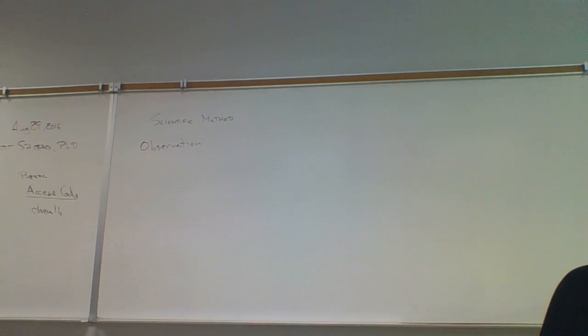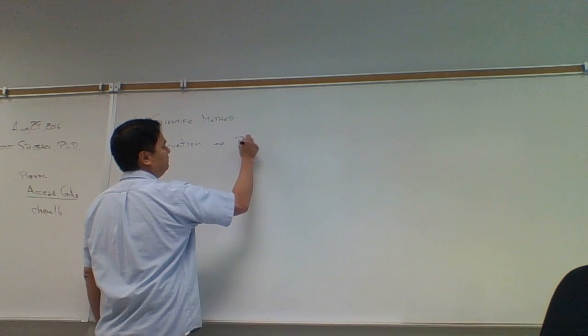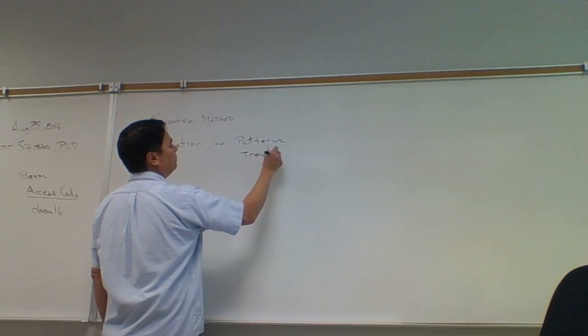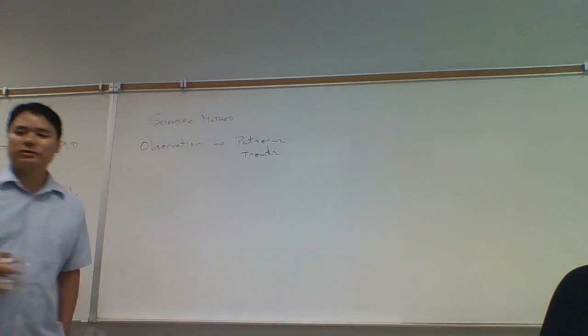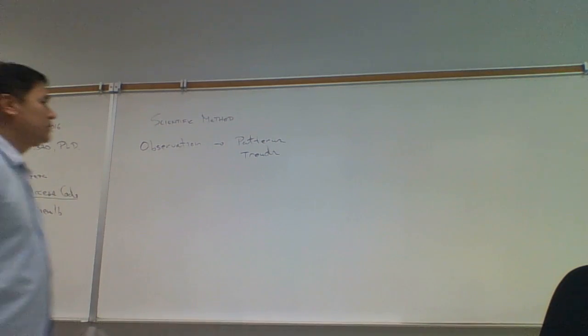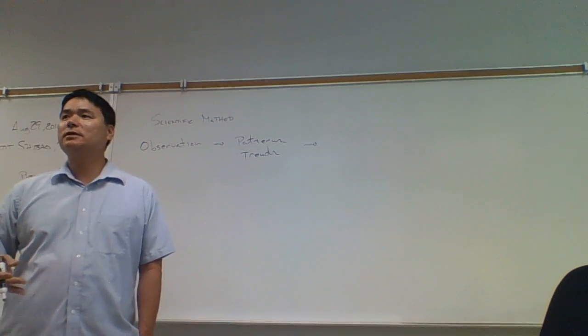And when they observe nature, sometimes they start to see patterns or trends. And so they're looking for some kind of order in nature, right? And then from these patterns and trends, if they're reproducible, you always see the same pattern.